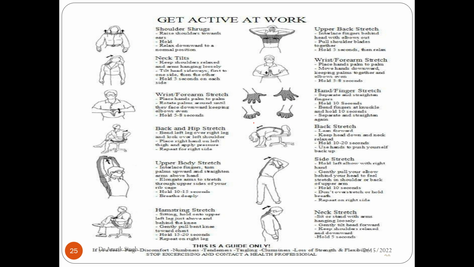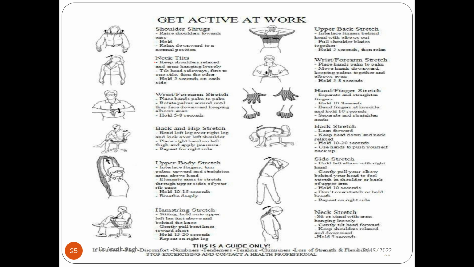Now, get active at work. This is a very important guide, which is taken from a standard. For getting active at work, first shoulder shrugs: you move your shoulders upward and you get new energy.